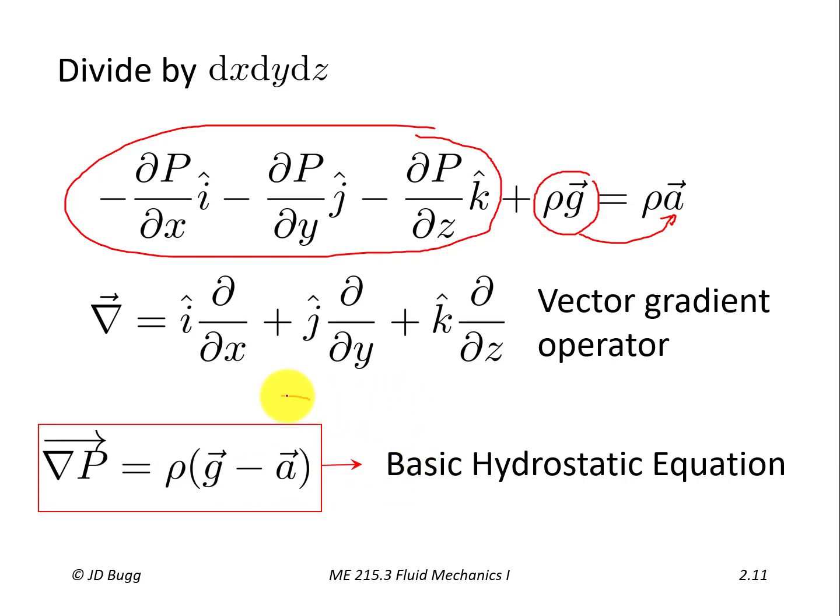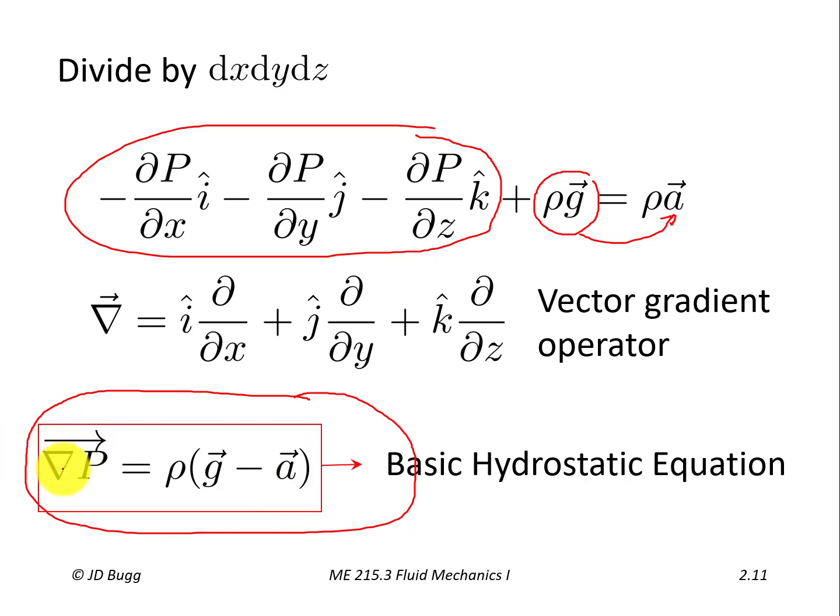So this equation is going to be the starting point for every problem that we do in the statics section of the course. And so let's just recap what it's telling us. Well, first of all, remember, this is just F equals ma. Sum of forces on our differential element of fluid is equal to its mass times its acceleration. That's what this equation is. But it's under a very specialized condition where the only surface forces acting on that fluid are due to pressure.